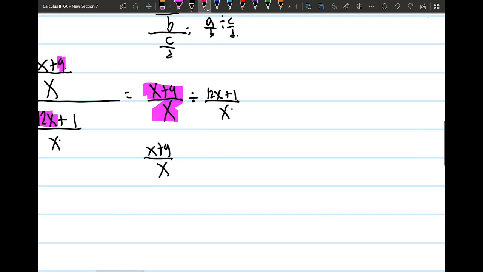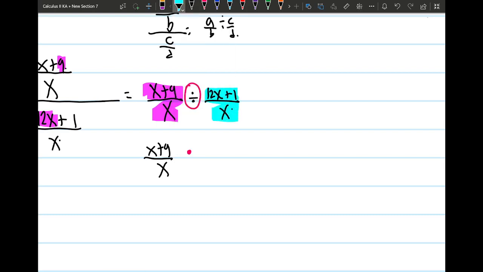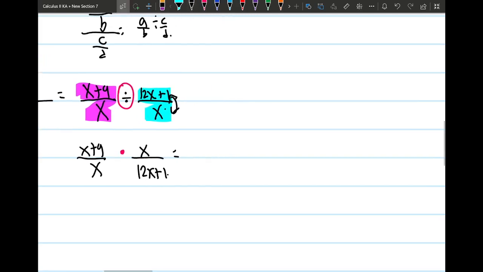You change the division to multiplication, and then this is going to be flipped over, so it's going to be x over 12x plus 1. So that's keep it, change it, flip it. If you guys have questions about that, please look at my other videos over that. So we have something like this, and obviously the x's cancel out, and what we are left with is x plus 9 over 12x plus 1.